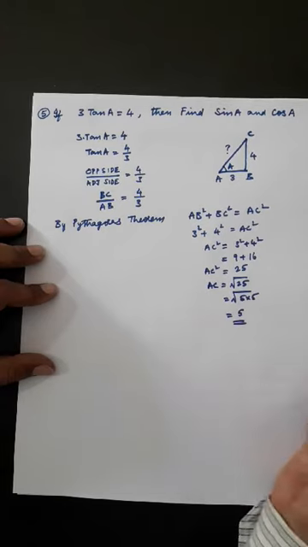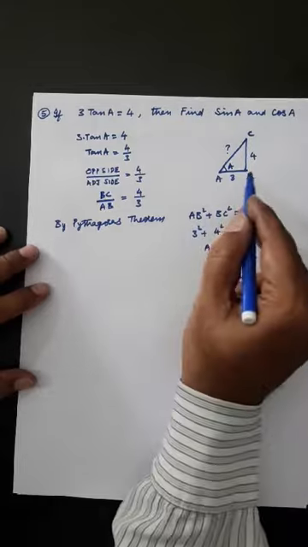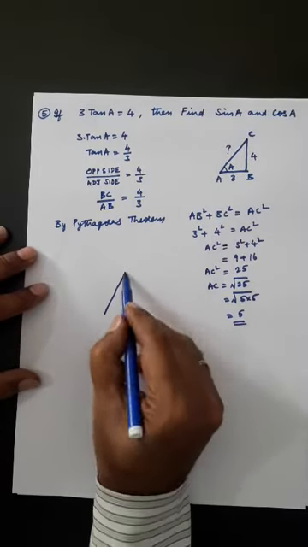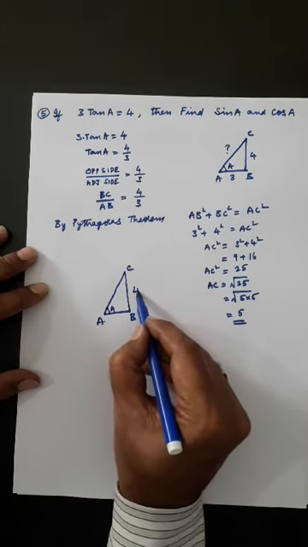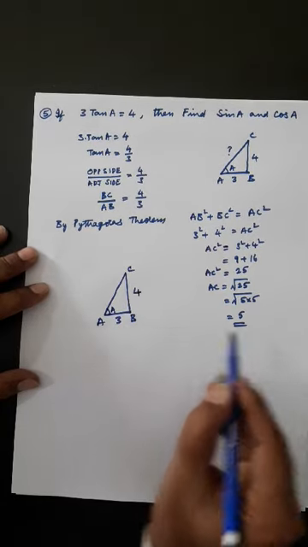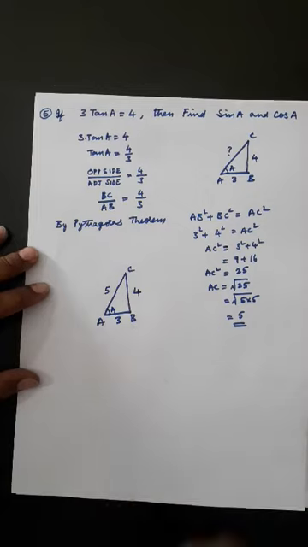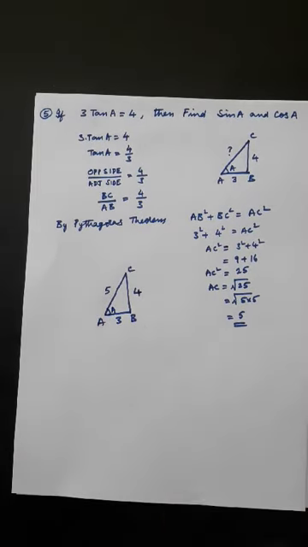So AC is 5. So if you draw the triangle again, A, B, C, this is angle A. We already have this as 4, this as 3. Now we got this as 5. Okay, 4, 3 and 5. What we need to find out?